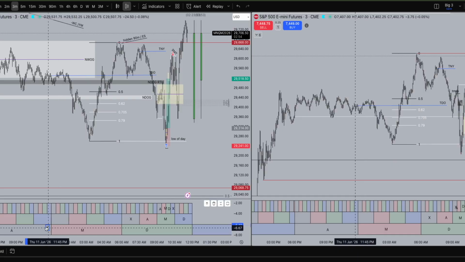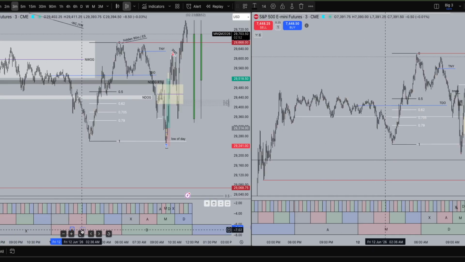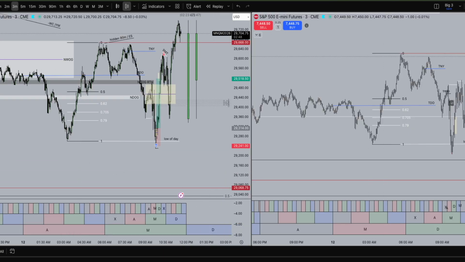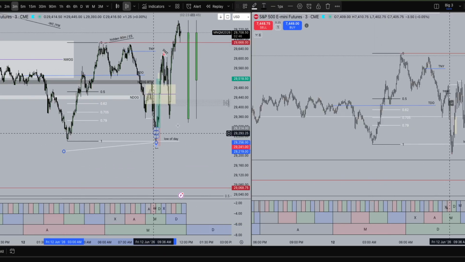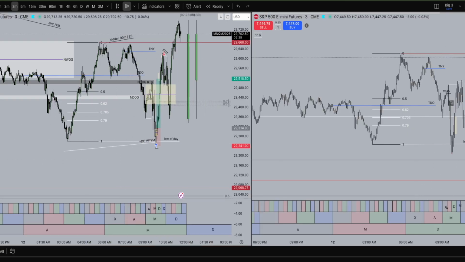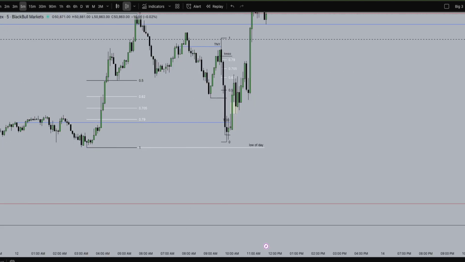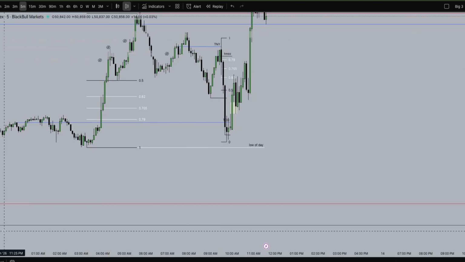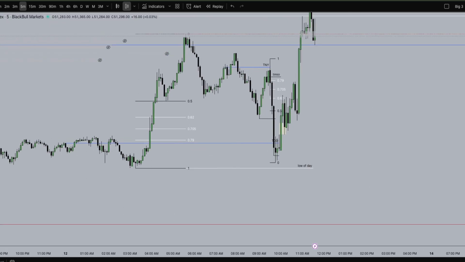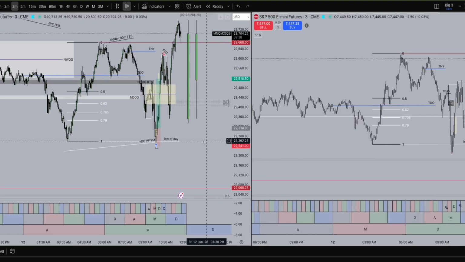So really this was an XA manipulation at low of day, creating our DC. Let me just mark this out. Bullish DC with YM. And no 90-minute whatsoever. 90-minute cycles. Oh, come on. It just took off all my confluences, all of my indicators. All right, well, no 90-minute cycle.